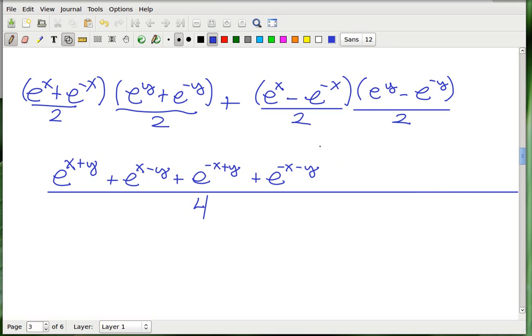Alright, and now I do this one. So plus e to the x plus y, that looks familiar. And now it is minus. So this is new, right? These were all plus, but now I've got a minus. This one is e to the x minus y.